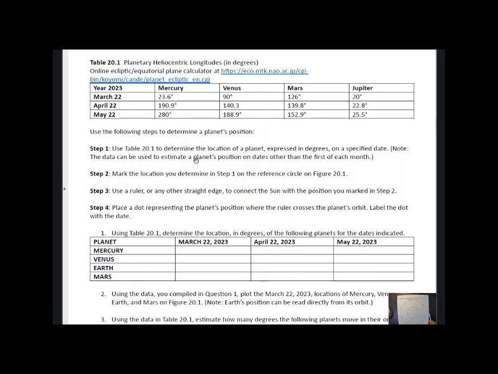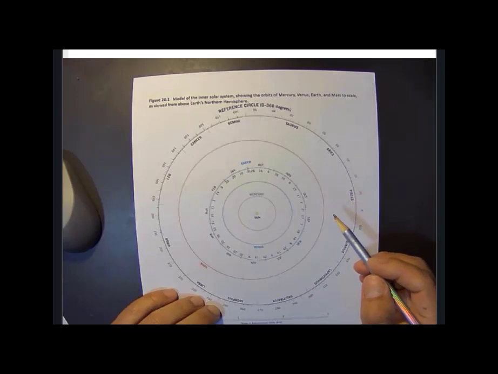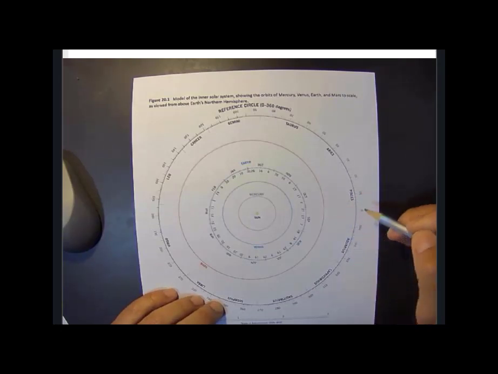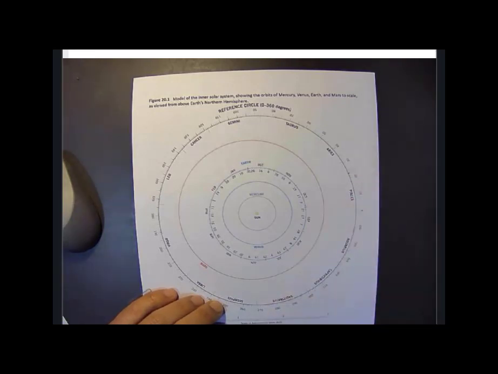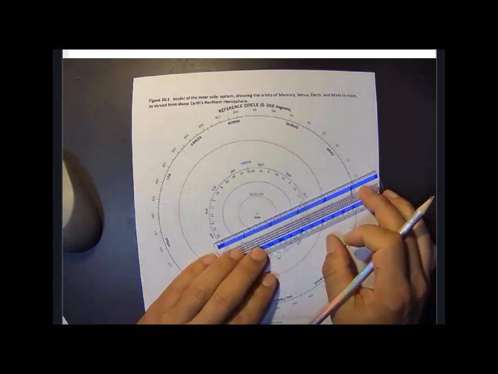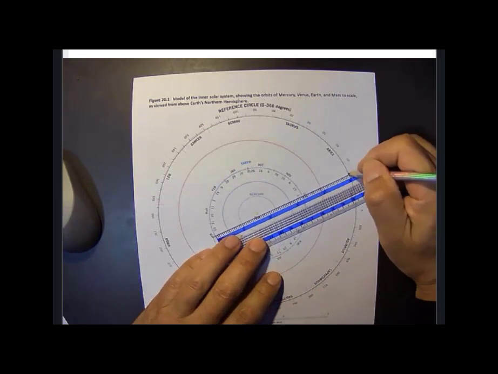And what you'll see is that for Mercury on March 22nd, the angle is 23.6 degrees. So you would go on the document camera on the outer circle to 20, 21, 22, 23, and put a little dot there, right? Then you want to draw a straight line from that dot to where the sun is.